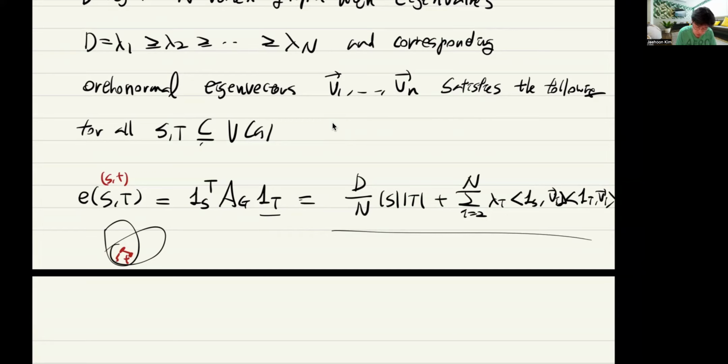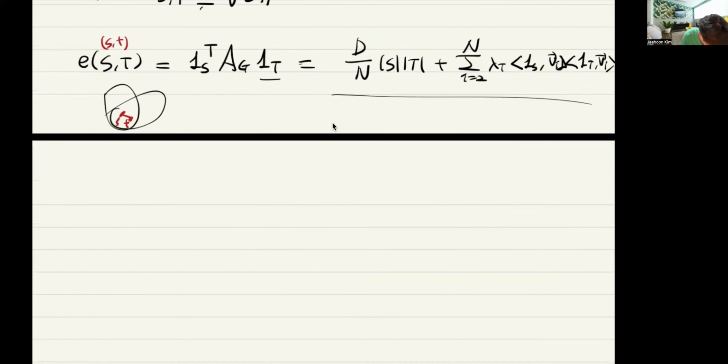Anyway, from here we can actually get the lower bound. How? This is the smallest eigenvalue, so you just replace every one of these with lambda n, and you do some computation.